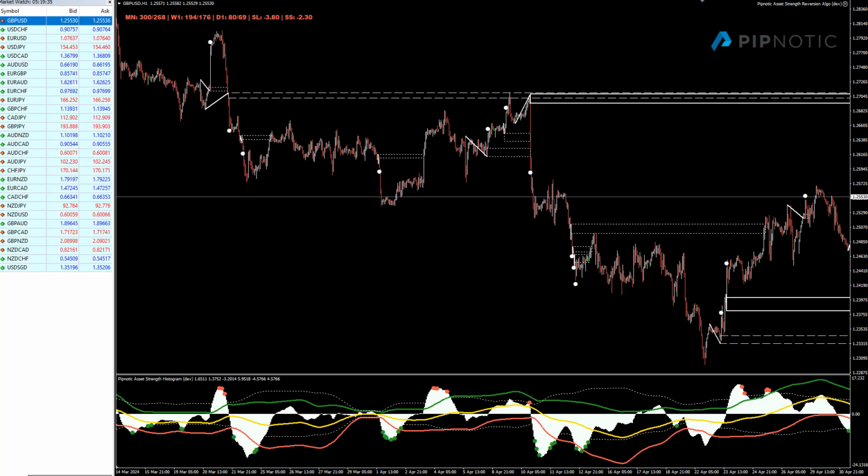Here we have a zone right here. Prices are exploring, they're seeking liquidity lower and higher. What you do not want to do is trade the ones inside these.